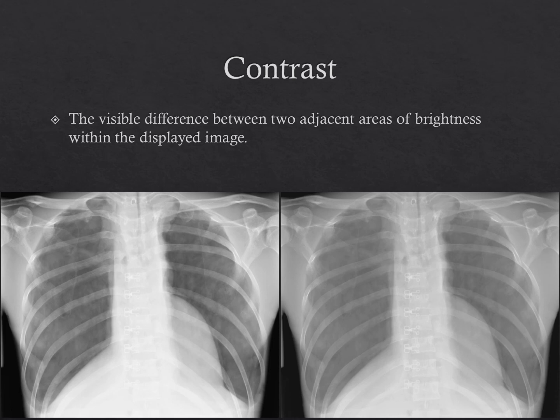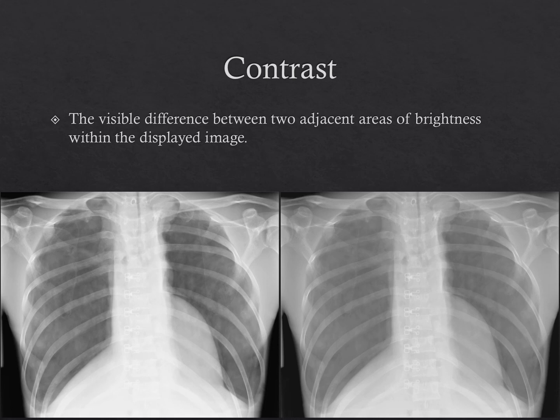And then I also notice here in the spine, I can see the disc spaces pretty well through the heart shadow. And I do notice that there is some sort of object, some clothing artifact on this image. But when I change the contrast of this image, all I've done is increase or lengthen the scale of contrast visible in this image.